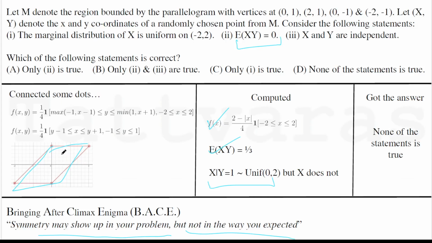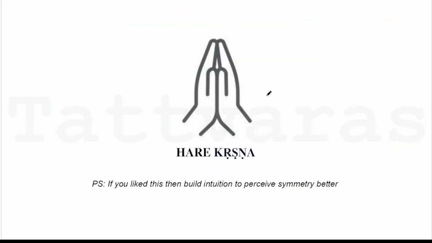The structure was indeed symmetric, but we had to be careful about the expectation. So that's it. And if you like this, then the request this time is to build intuition to perceive symmetry better, because many times you may be deceived by the perception of asymmetry. So take care.